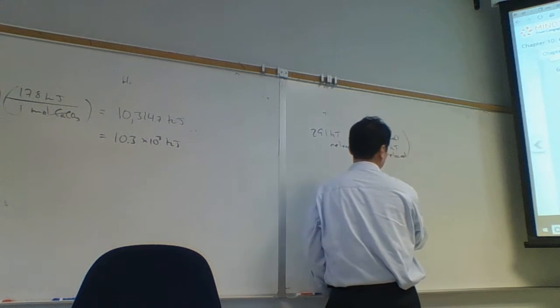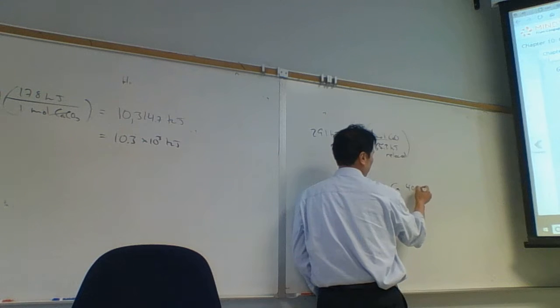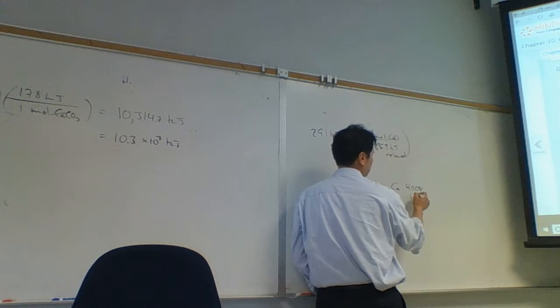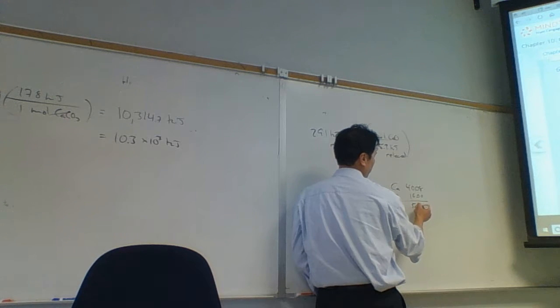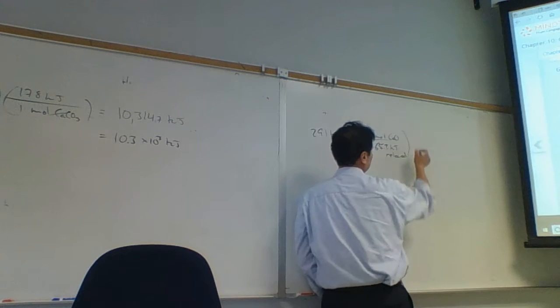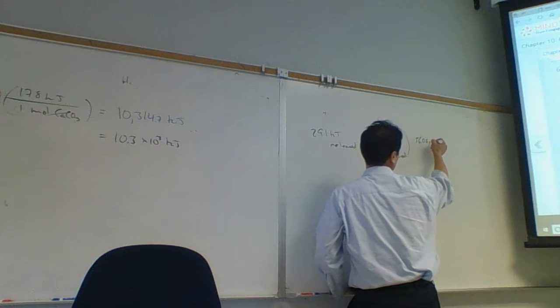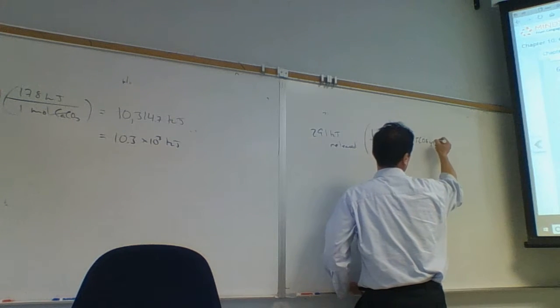And then we just need the molar mass. It's 40.08 for calcium, and oxygen is 16.00. So that's 56.08, so 56.08 grams of calcium oxide per mole.